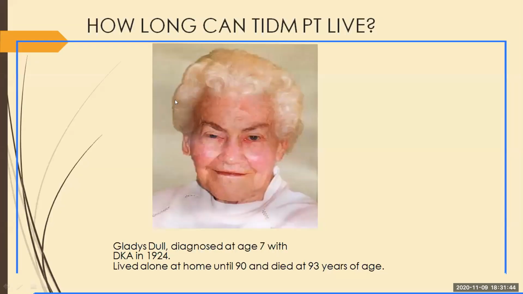So how long can a type 1 diabetes patient live? We have our lady here. Gladys was diagnosed with diabetes at the age of 7 in 1924. And we know that insulin was discovered in 1921 and 22, when the first patient was treated.